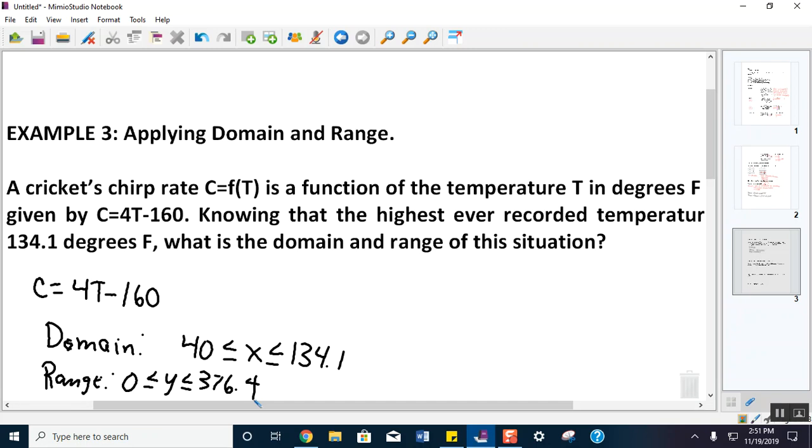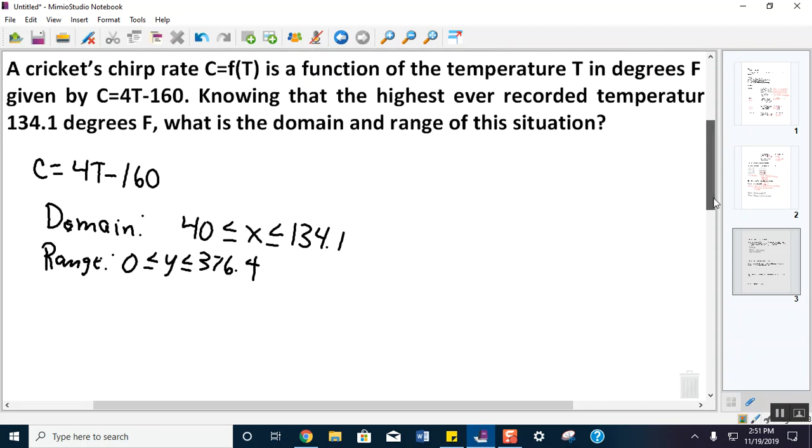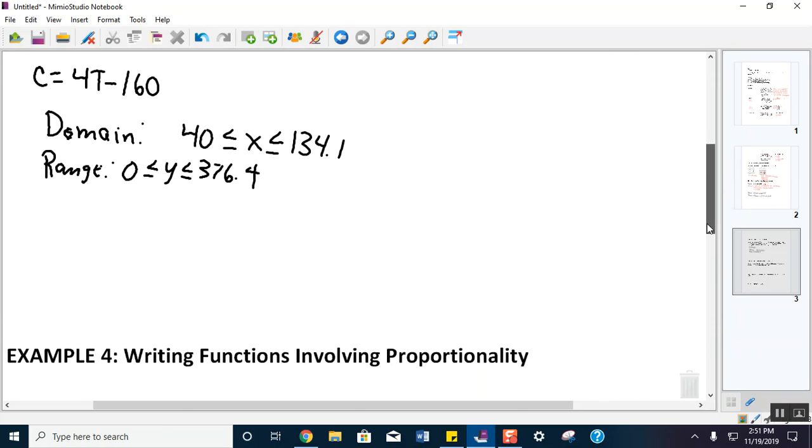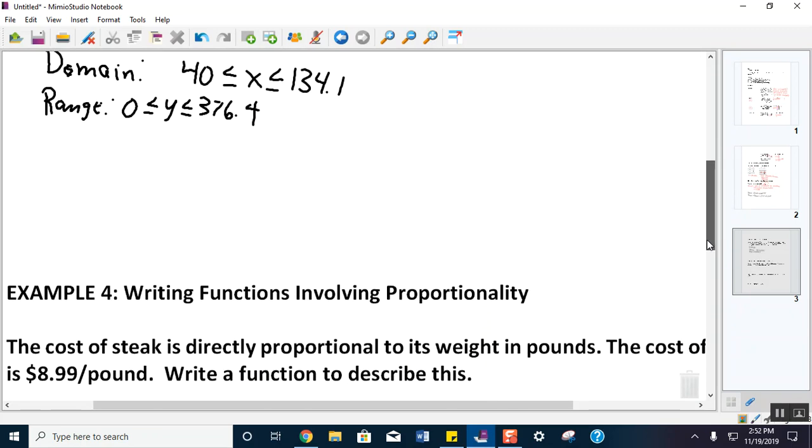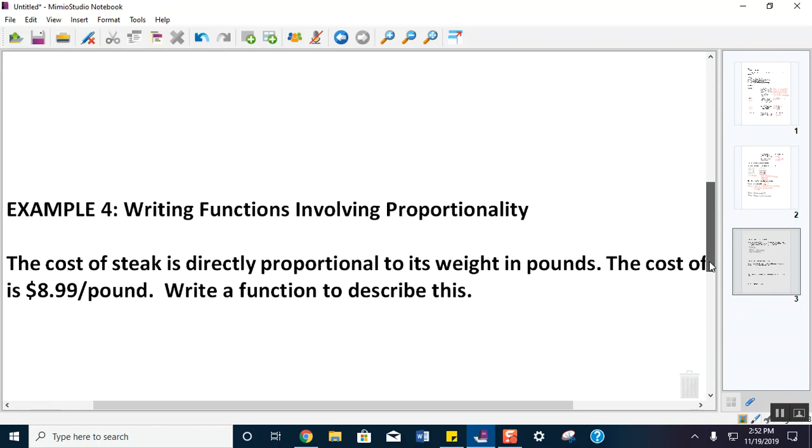In this case, at 40 degrees is when your chirp rate gets down to 0, and the highest ever recorded temperature is as high as we can go, because we don't really know what happens after that. And that gives us that high value on the range of 376.4 chirps per minute, right? So anytime you're looking at domain and range within mathematical context or real life context, you've got to understand the difference between the two before you go ahead and apply a domain and range to that.